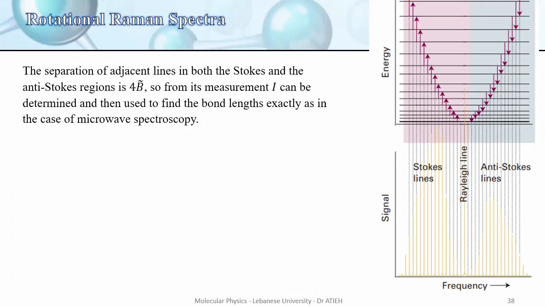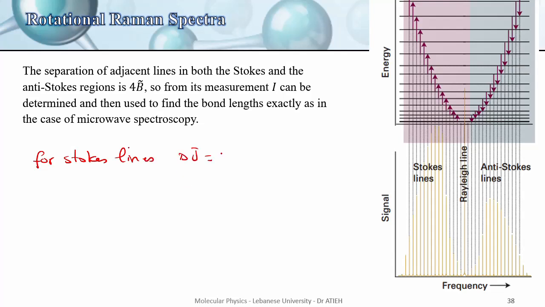Now let's take a look at the shape of a rotational Raman spectrum. We have seen in the previous slide that for Stokes lines, delta J is equal to plus 2.